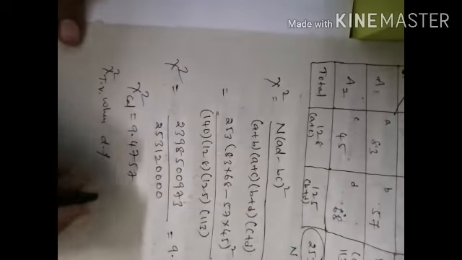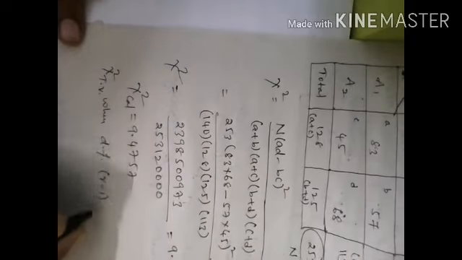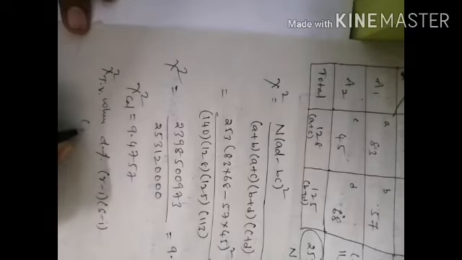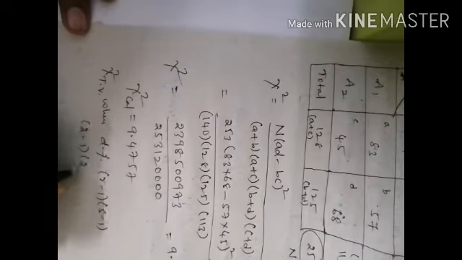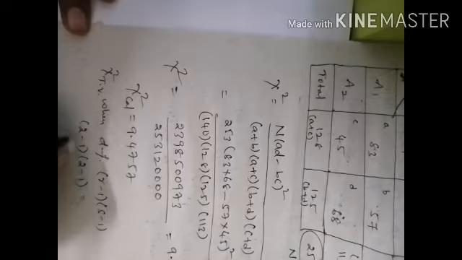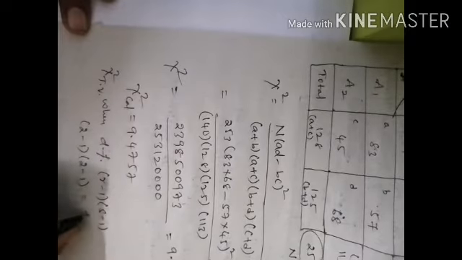Now we need to find the critical value, means the table value. Chi-square table value when the degrees of freedom is (r minus 1) into (s minus 1), where r represents the rows and s represents the number of columns. We have a 2 cross 2 matrix, so 2 minus 1 into 2 minus 1, that is 1 into 1, so 1.